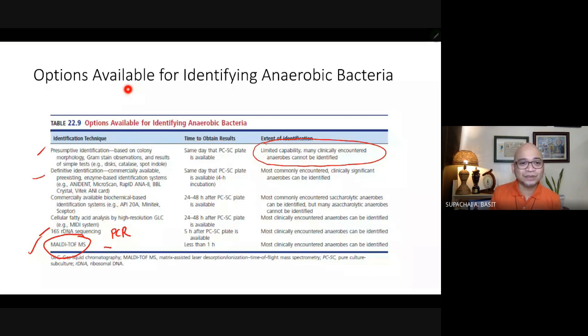There are also commercially available biochemical micro identification systems. Micro because you don't have to use several test tubes for this, such as the API-20A, the Minitek. These are examples of the mini biochemical based identification systems.